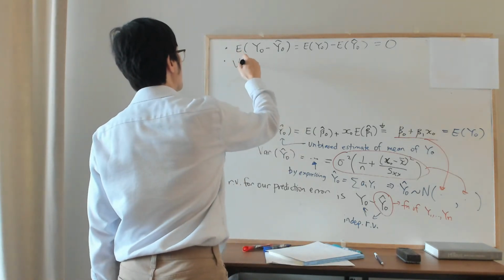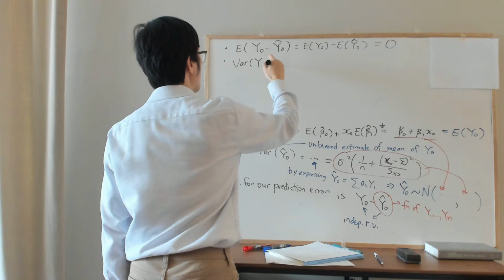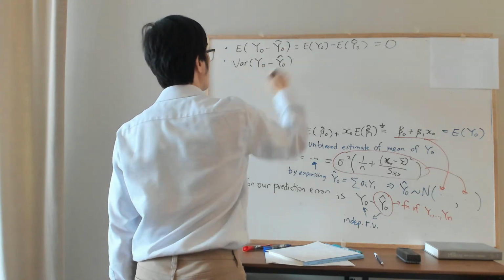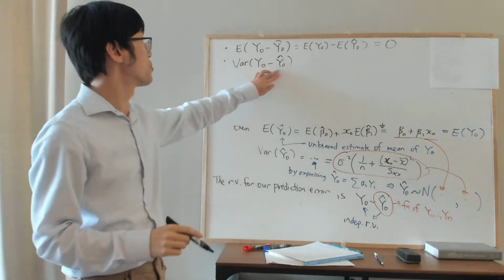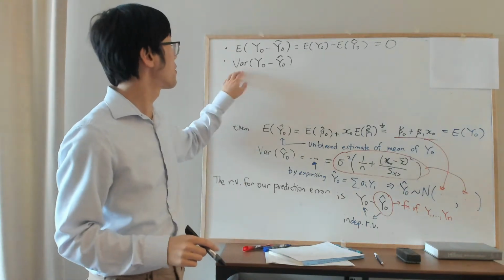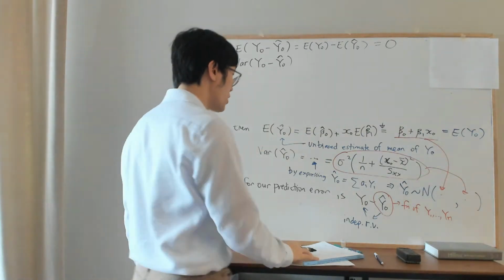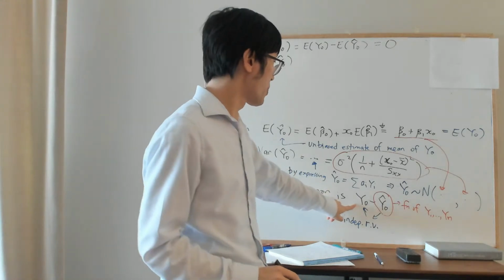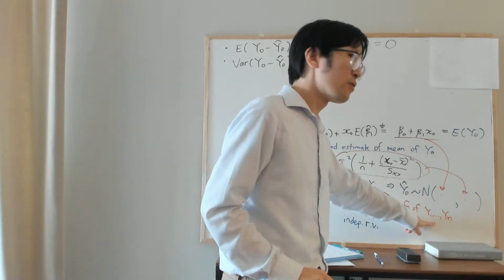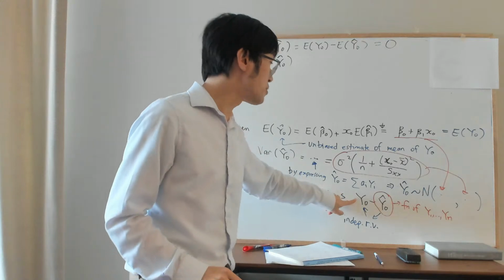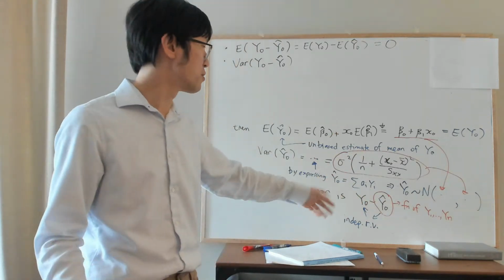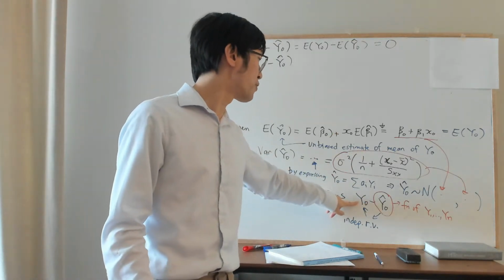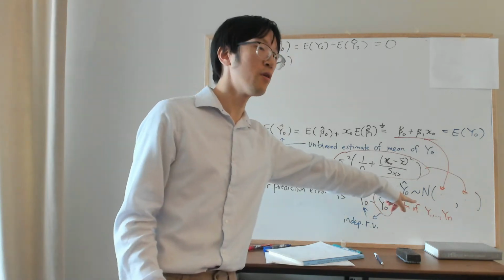Okay, and then the other part is to calculate the prediction variance. So that's the variance of y0 minus y0 hat, the variance of the prediction error. As I argued here, y0 hat is a function of the yi's in the data, and y0 is an independent random variable relative to the other y's.